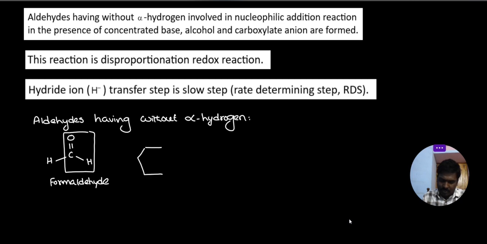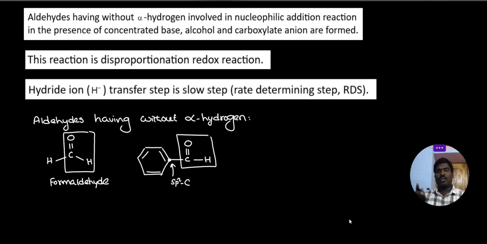Next example, benzaldehyde. It is the functional group. The carbon adjacent to the functional group, is it alpha? No, because it is an sp2 carbon.